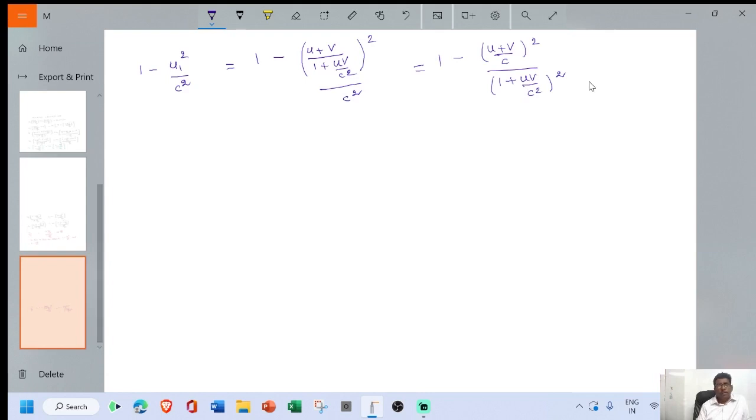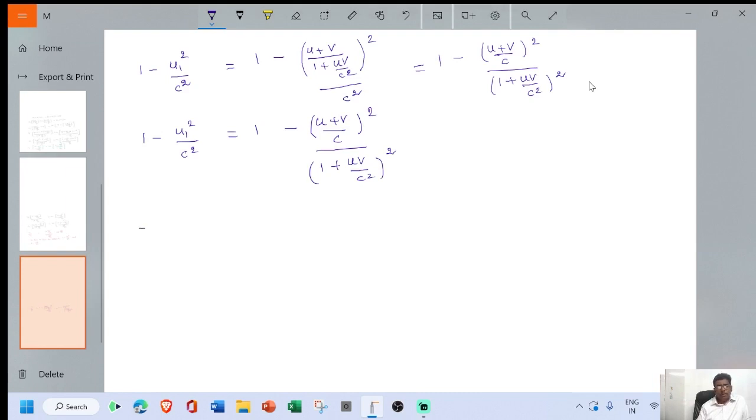This is the value of 1 minus u1 square by c square. Now we have to simplify this.